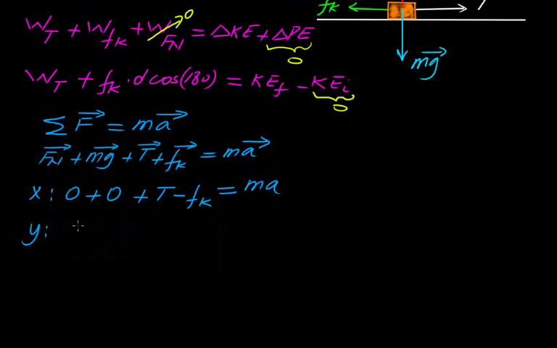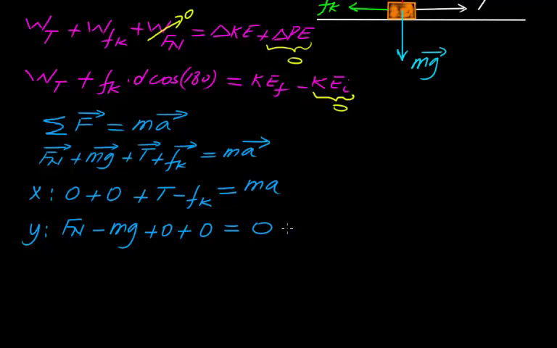The y component is going to have Fn minus mg. Both of those are acting along the vertical. The tension and the friction force are both equal to 0 because they are acting horizontally. Since there is no acceleration along the vertical, that is going to equal 0.